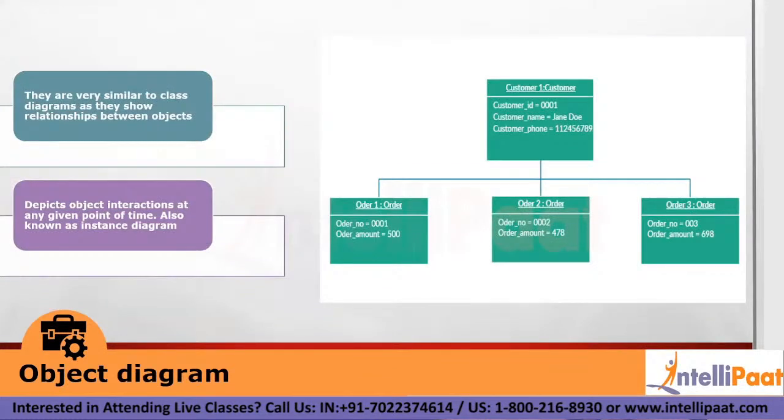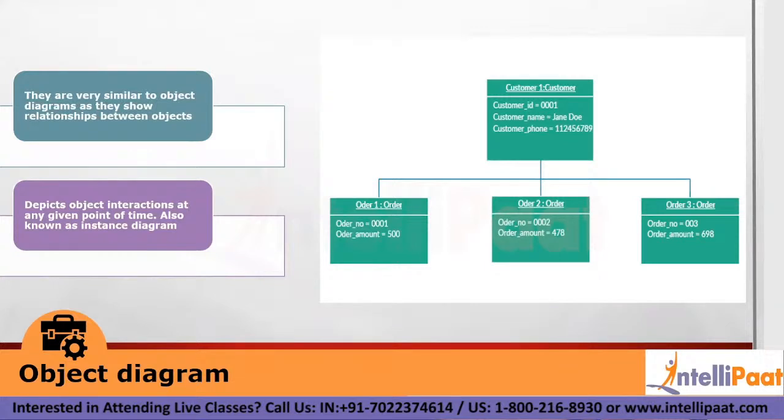Now, the primary purpose of a class diagram, or rather an object diagram, my bad. So the primary purpose of an object diagram is to basically show the relationship between objects or classes.